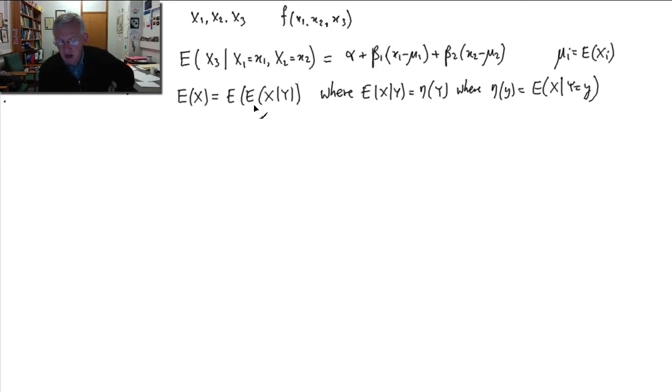So to find this random variable here, the expected value of x given y, we need to find this function, and then we need to use it to transform the random variable y.